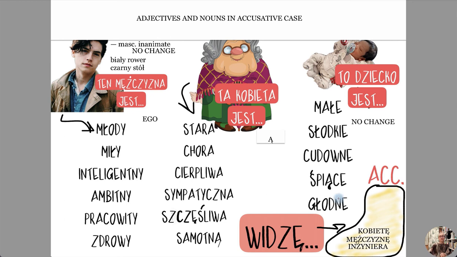Now, when it comes to neuter nouns, easy peasy because there is no change. So if you see a small child, you see małe dziecko. It's dziecko. There is no change. Look how easy this is. So we can say that neuter nouns and inanimate masculine nouns don't change.